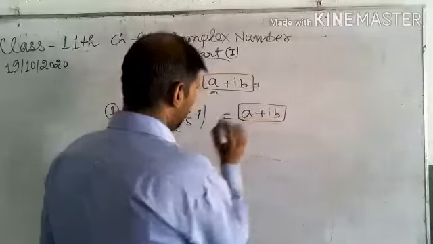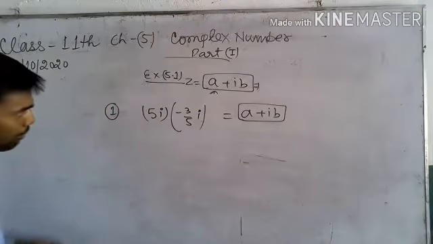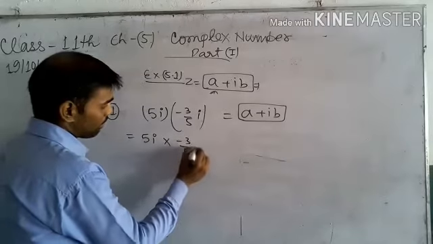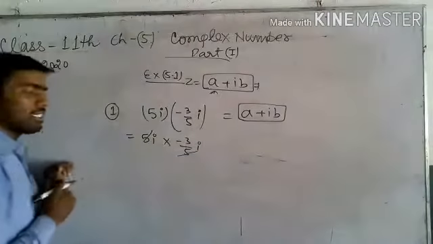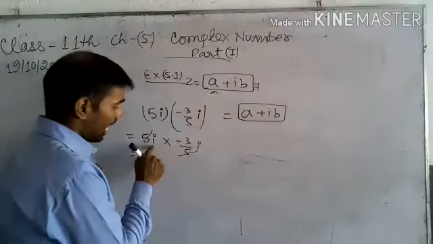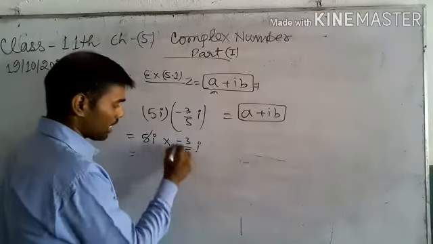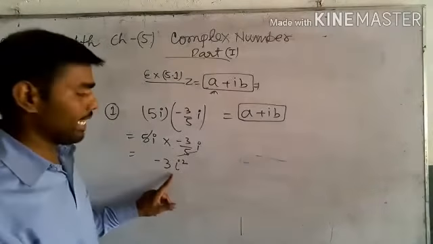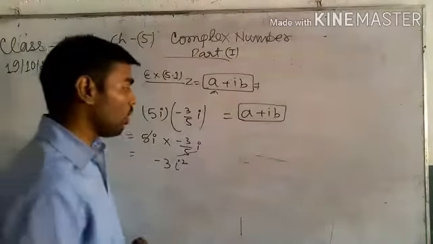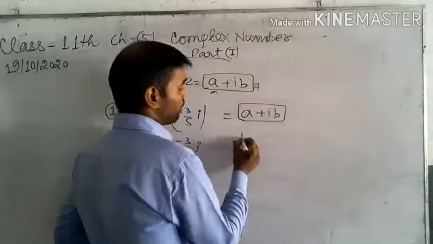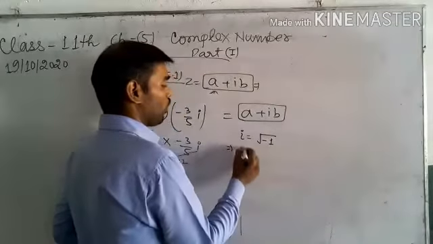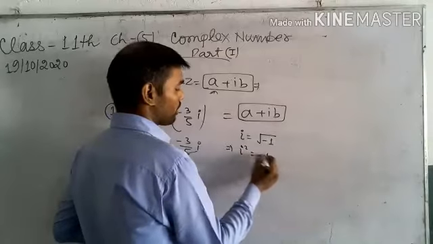So we can write 5i into minus 3 by 5i, the 5 cancels out, and i into i is i square, and this is minus 3. It means minus 3 i square, and we already know that if i is equal to square root of minus 1, then the value of i square is equal to minus 1.